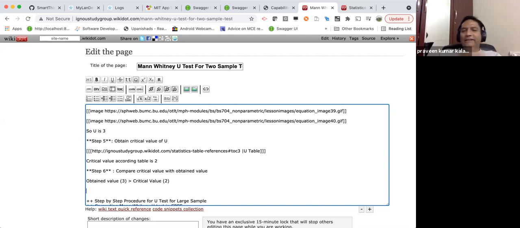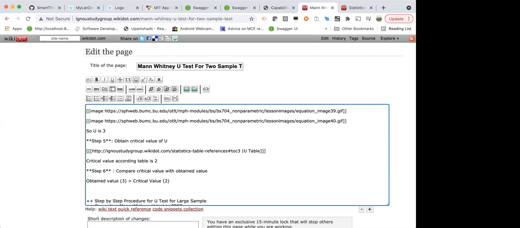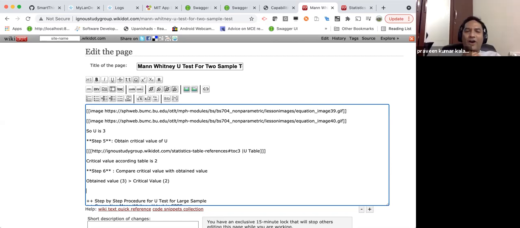So how do you conclude now? Should you reject the null hypothesis or accept the null hypothesis? Anyone want to take a guess? Reject. The obtained value is greater. That is where you are wrong. This is the U test, so you take a U-turn compared to all other algorithms.